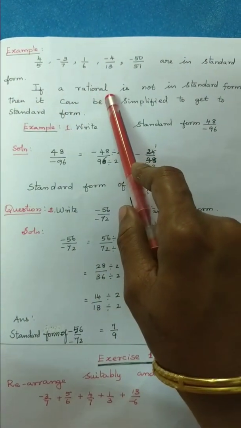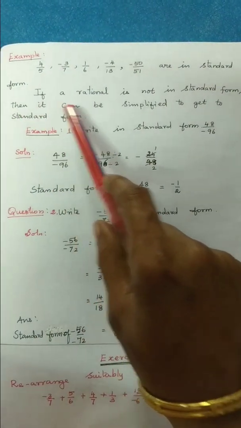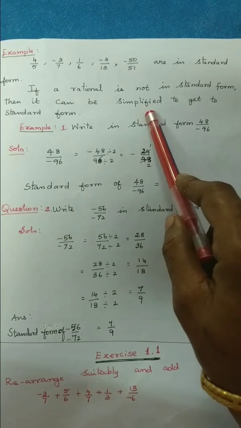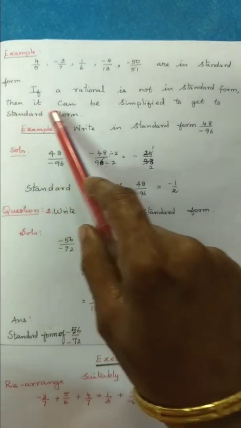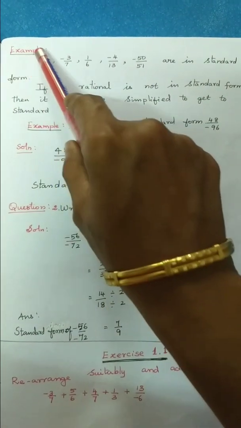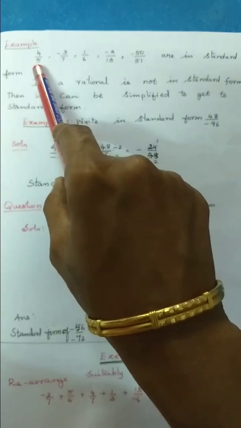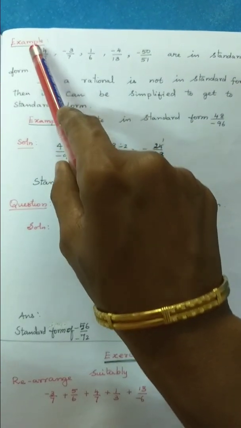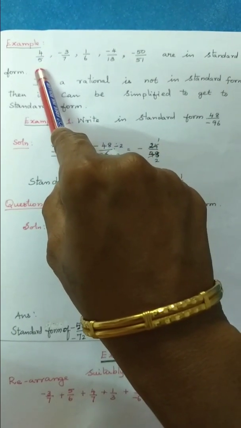If a rational number is not in standard form, then it can be simplified to get to standard form. Here we cannot simplify this 4 by 5, isn't it? So it is a rational number that is in standard form.